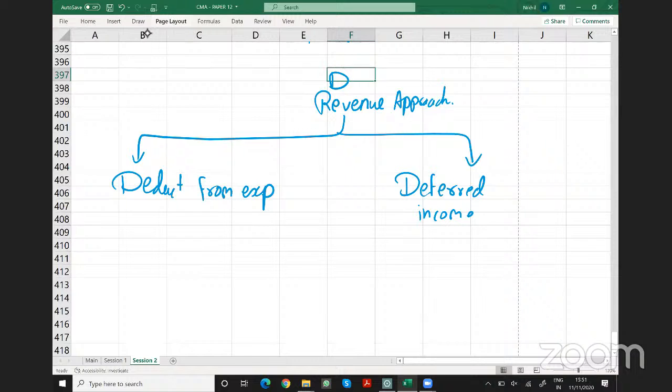The example is, Nikhil, I will pay you 40 rupees if you will employ only the local persons.